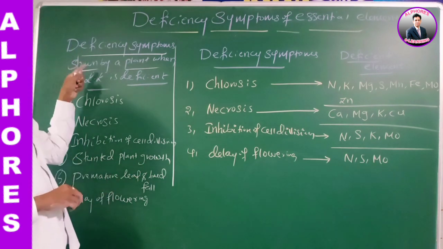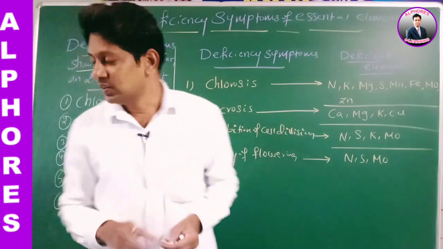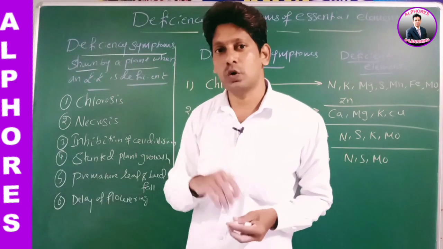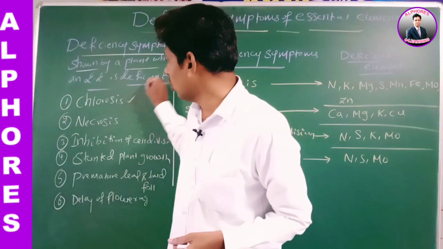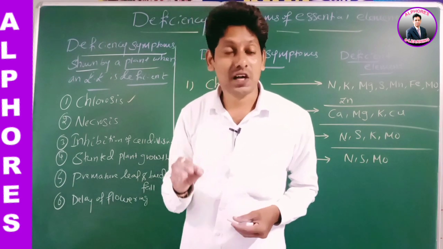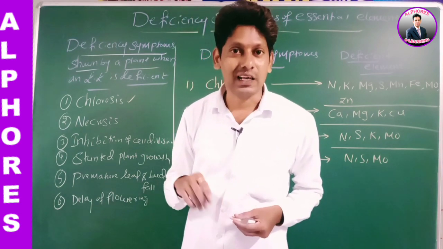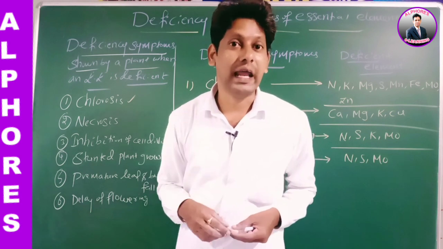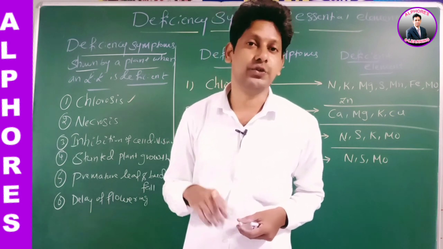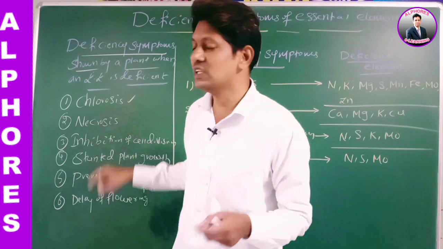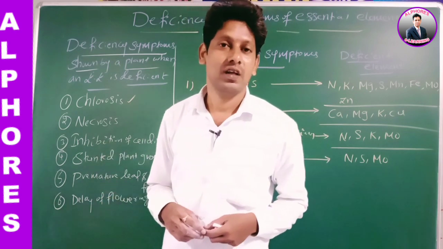When an essential element is deficient, these are the deficiency symptoms shown by a plant. Chlorosis is loss of chlorophyll. If chlorophyll is lost, the leaf becomes yellow. Yellowing of leaf due to the loss of chlorophyll is called chlorosis.